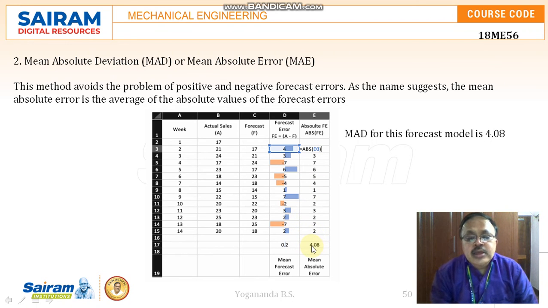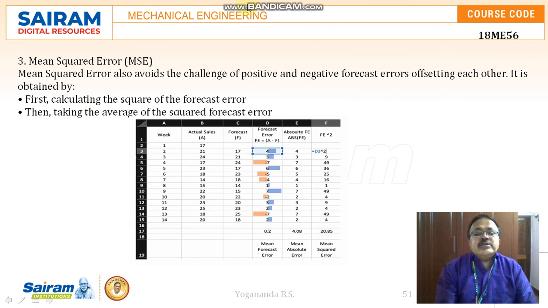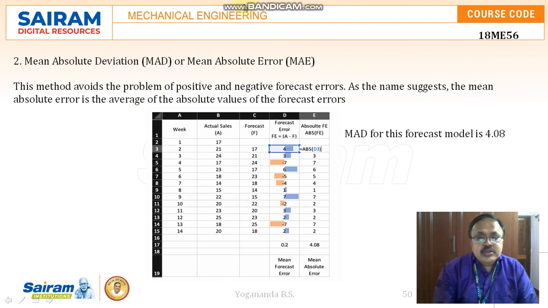I am getting the mean absolute error as 4.08. That means if the actual value is x and the forecasted value is y, the difference between the two is 4.08. The difference between the actual sales and the predicted sales is 4.08.